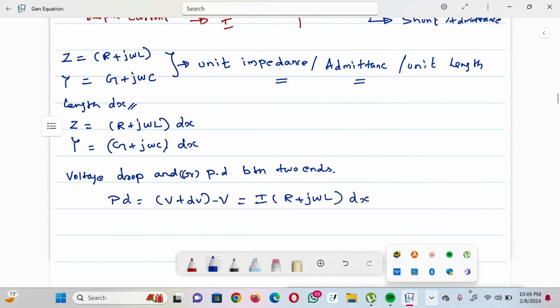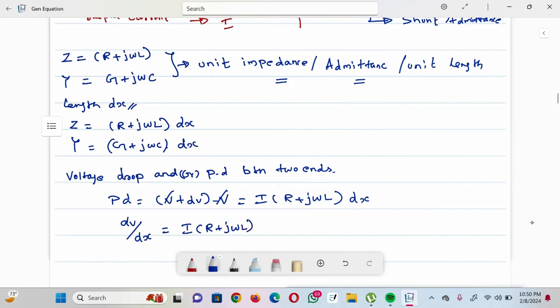After simplifying this equation, V and V cancel. Finally dV by dx equals I into R plus j omega L.